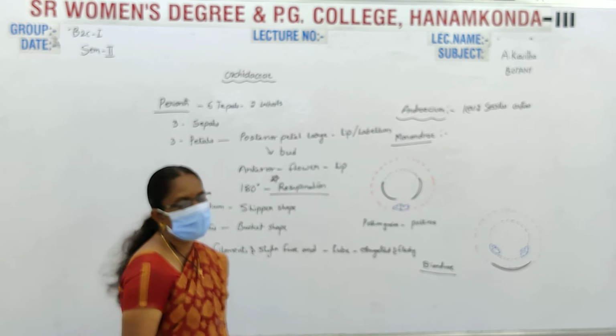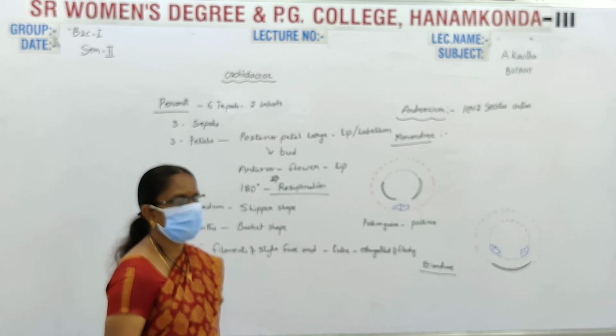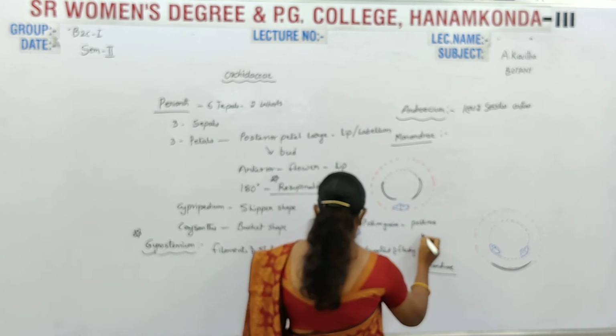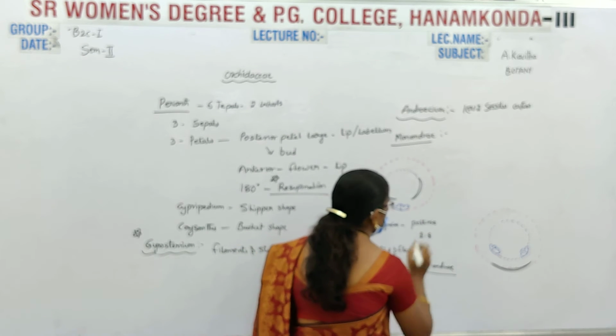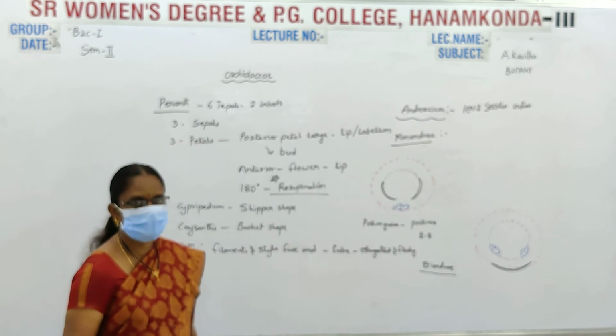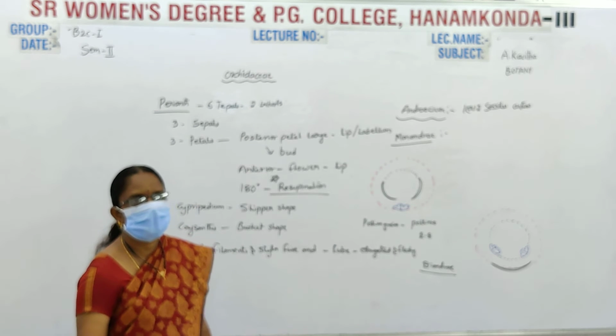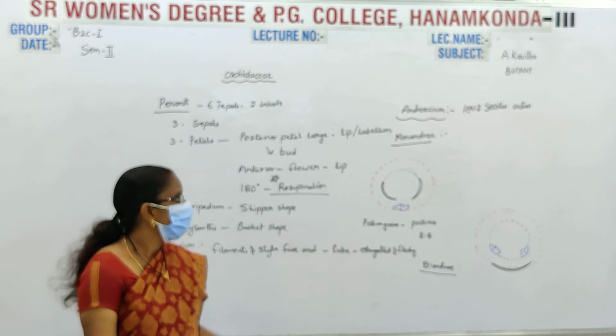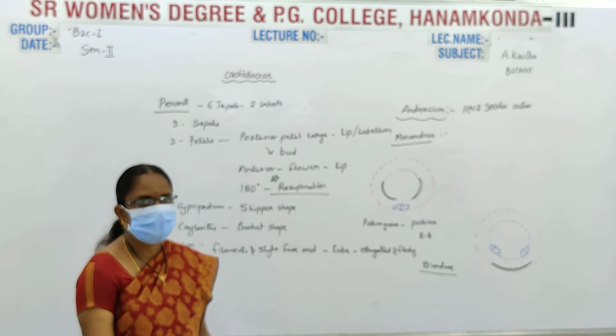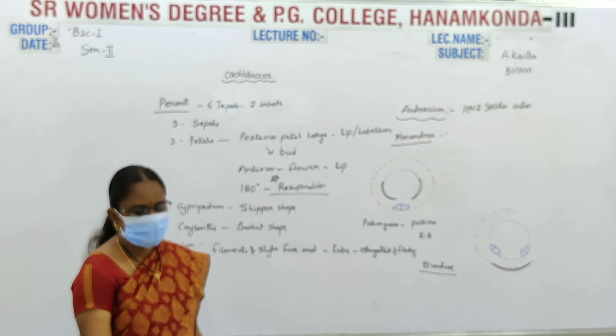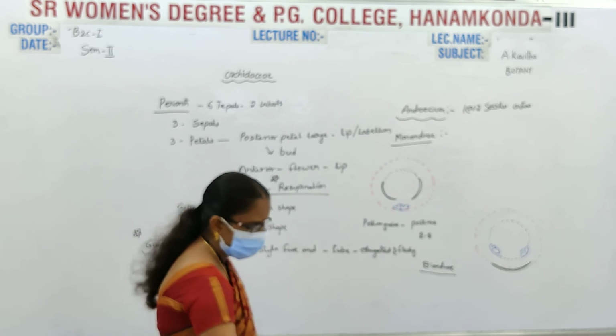Normally 2 to 8 pollinia are present in each flower. This is the androecium of the Orchidaceae family.